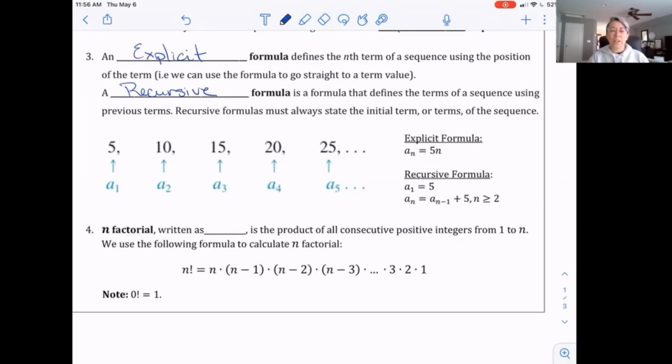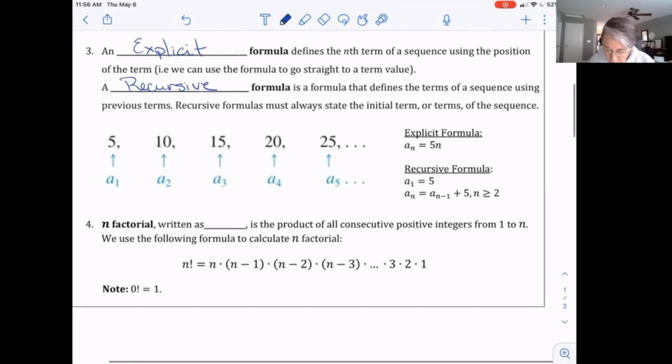So we always have to know the initial term or terms of that sequence in order to determine what the next number is. For example, we have this sequence of 5, 10, 15, 20, 25. They're giving us the first 5 terms. Well, we know they're multiples of 5.